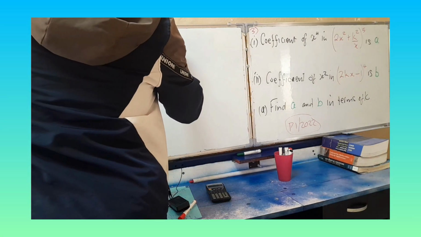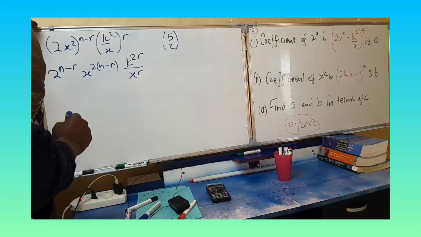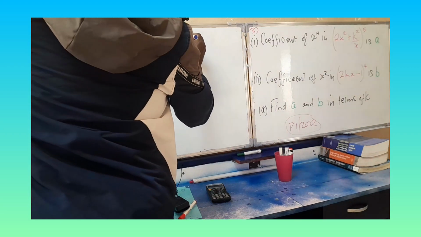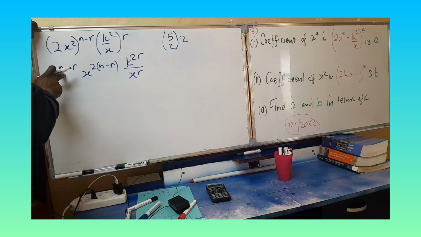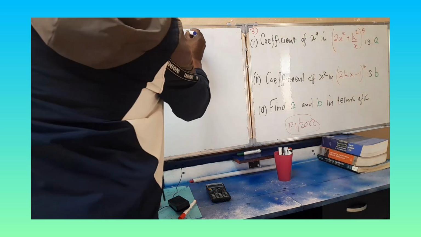So 5C2 multiplied by 2 to the power 5 minus 2, which is 3.